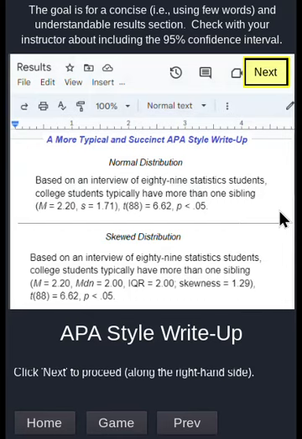But let's say I was just going for it to be succinct, and I didn't need to include the confidence interval. Then if I had a normal distribution, I might say, based on an interview of 89 statistics students, college students typically have more than one sibling (M = 2.20, s = 1.71), t(88) = 6.62, p < 0.05.